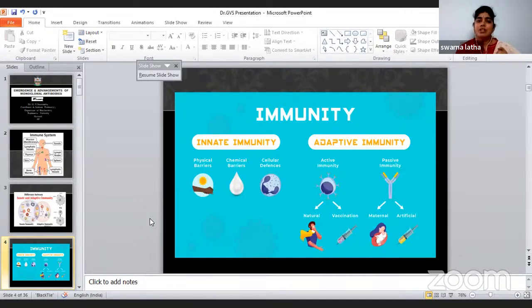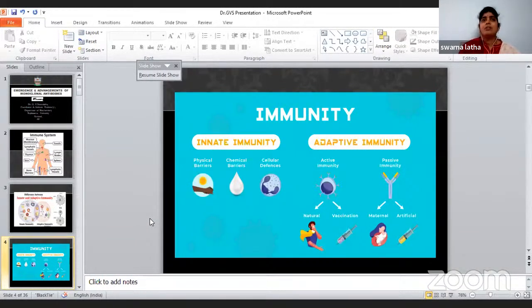Based on that production, we can say there is active immunity and passive immunity. When we talk about active immunity, the host system will be actively involved in generating the antibodies. The generation of antibodies may be natural or through vaccination. Natural active immunity refers to when we are exposed to any foreign particle, any bacteria or any virus, or when we get a fever.